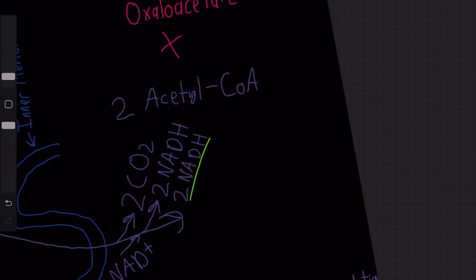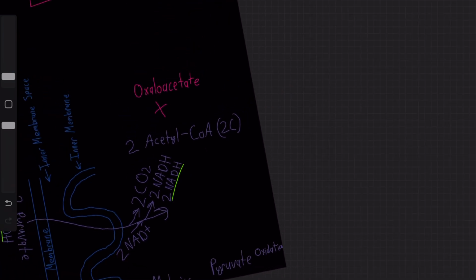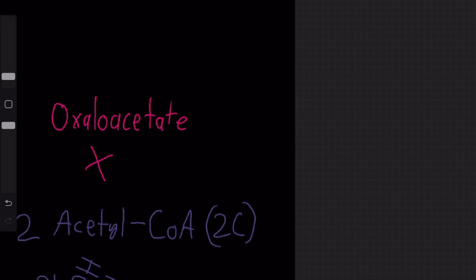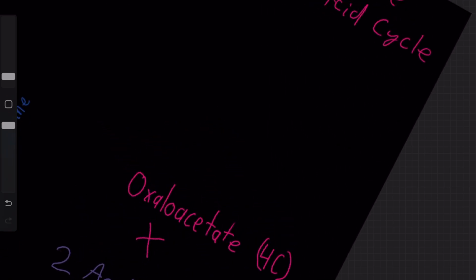Each acetyl-CoA is 2 carbons each, so since we have 2 acetyl-CoAs, that means we have 4 carbons. The oxaloacetate, though, has 4 carbons, and we're adding them together.